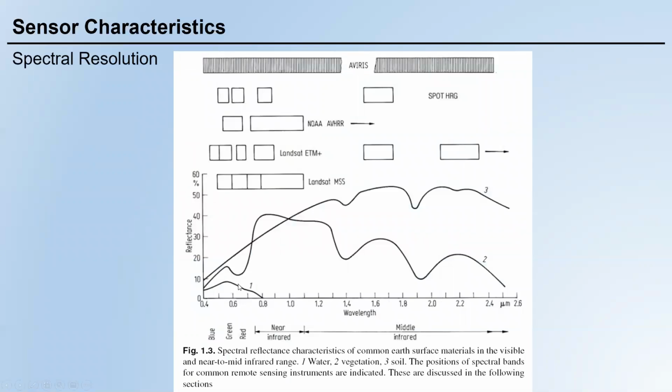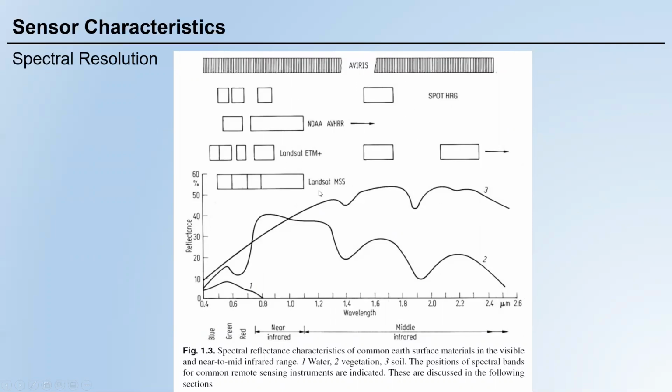So another example here. Again, we have three curves here. Reflectance curve from 400 nanometers to 2600 nanometers. Okay. Curve 1, this short one, is for water. Curve 2 is for vegetation. Curve 3 is for soil. Okay.